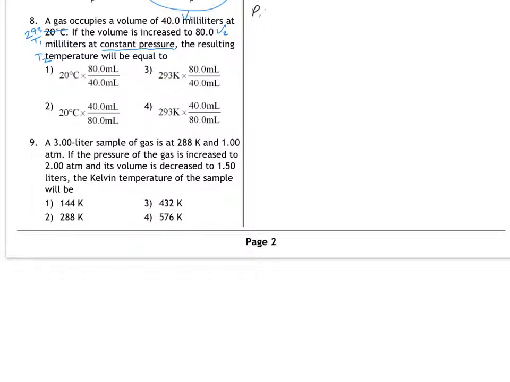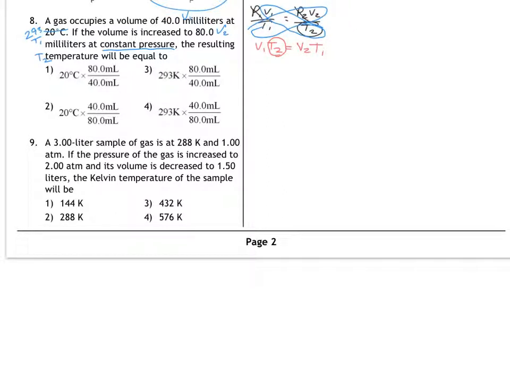So here's my equation for the combined gas law. And the pressure is dropping out because it was constant throughout this simulation. And we are trying to solve for T2. And as I have said a few times now, the easiest way to handle that is to cross-multiply to remove denominators.